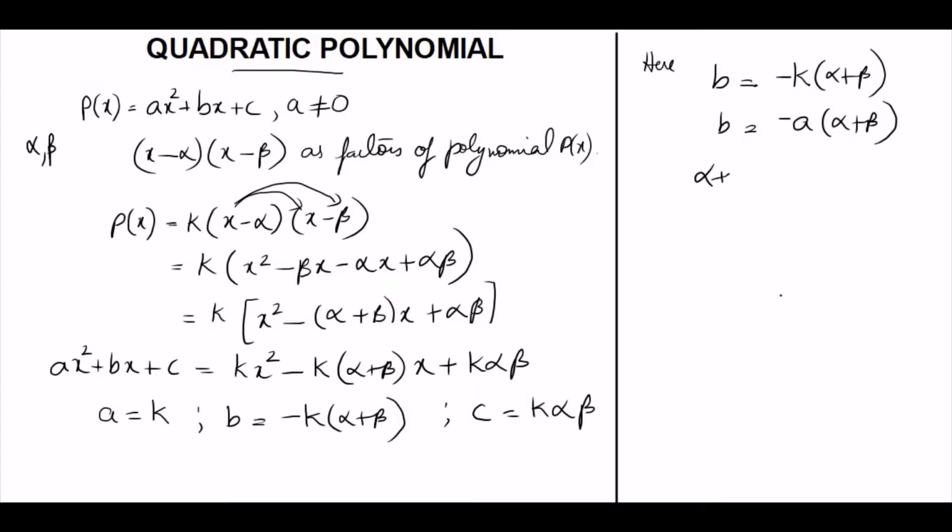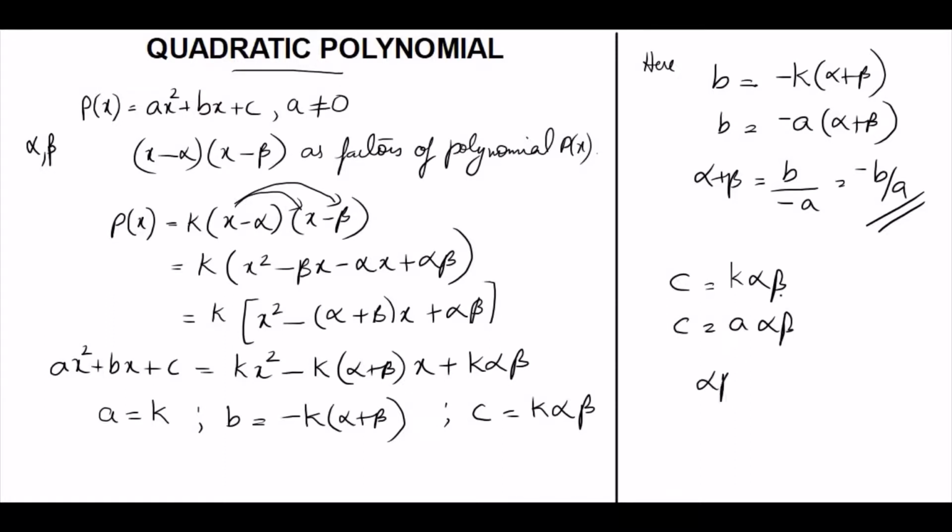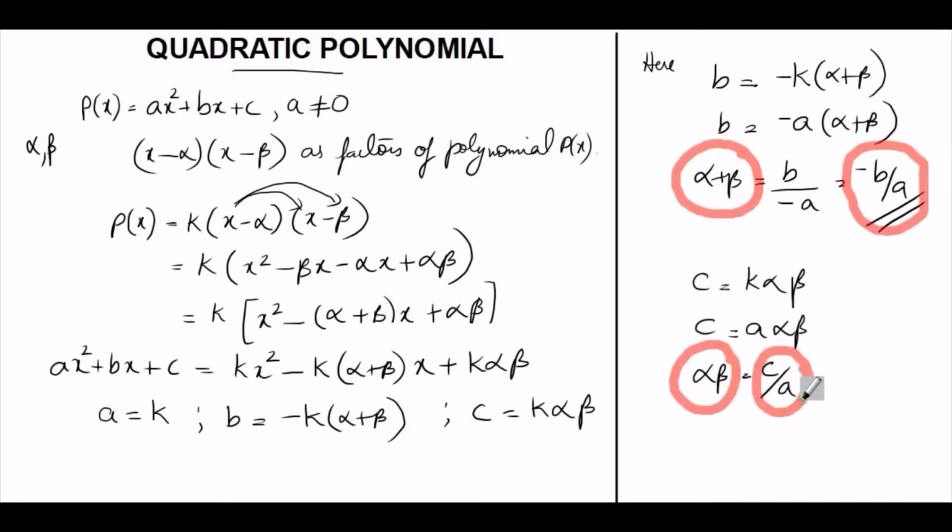So alpha plus beta is b by minus a, that is minus b by a. And when you relate this, c is equal to k alpha beta, that is the product of the zeros. Since k is a, c is equal to a alpha beta. So alpha beta is equal to c by a.